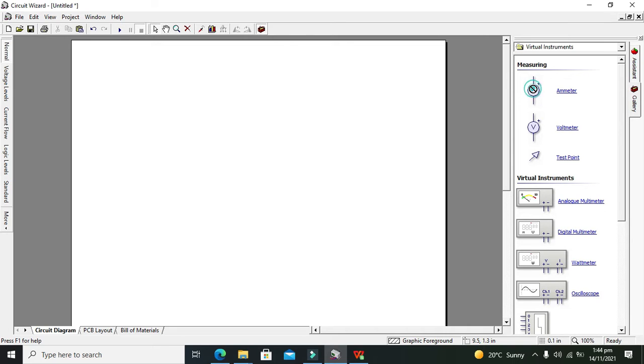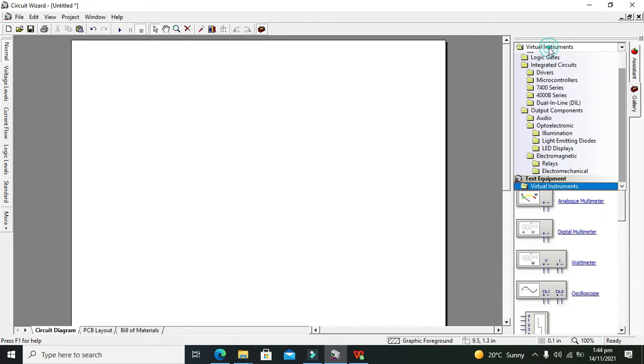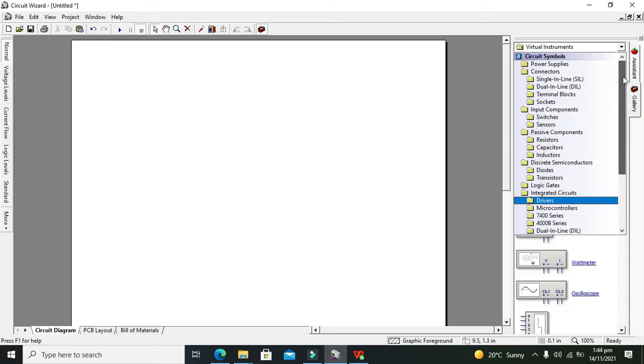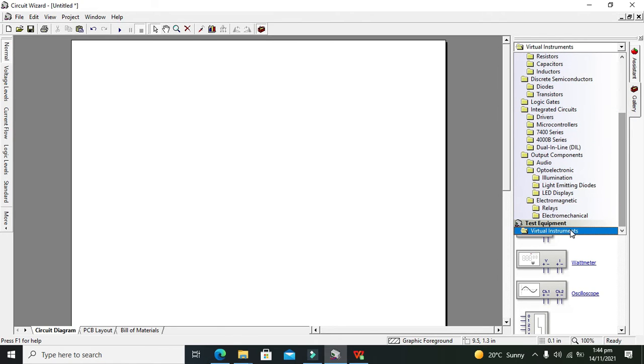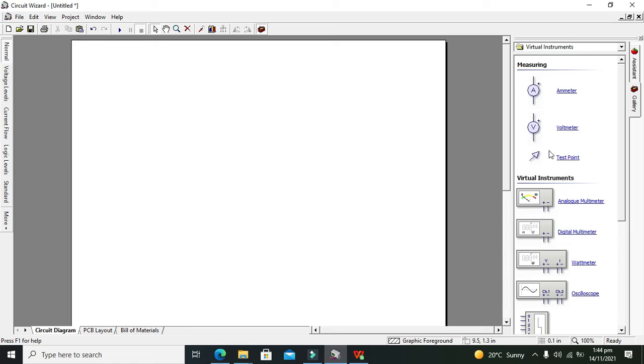So for it, first of all, we need to take our components. We will go in the library and select virtual instruments, and then we will take the ammeter. Why is it so? Because the ammeter is used to measure the currents.